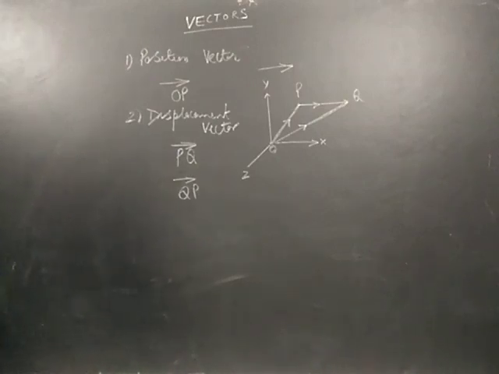Are you able to understand the scalar and the vector quantities? Are you able to understand the concept of position vector and displacement vector? Is it clear? Now, again, there are some more types of vectors.